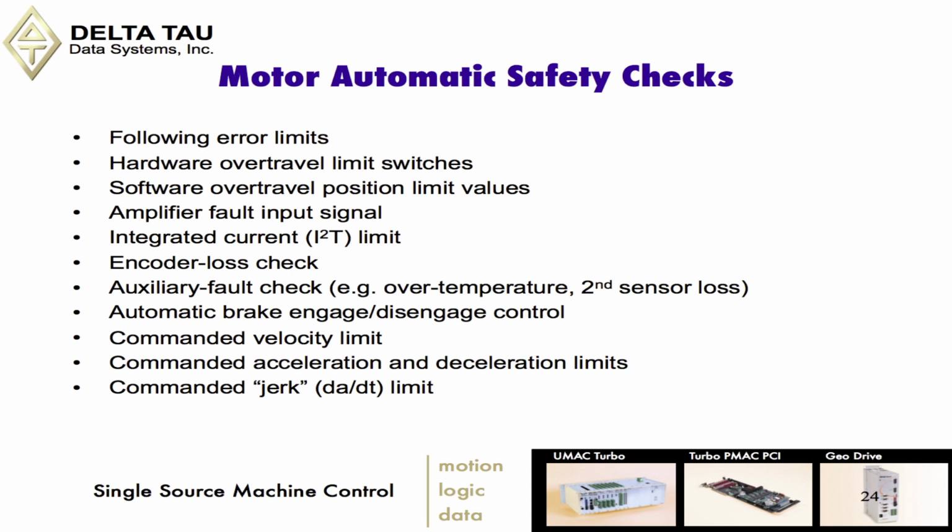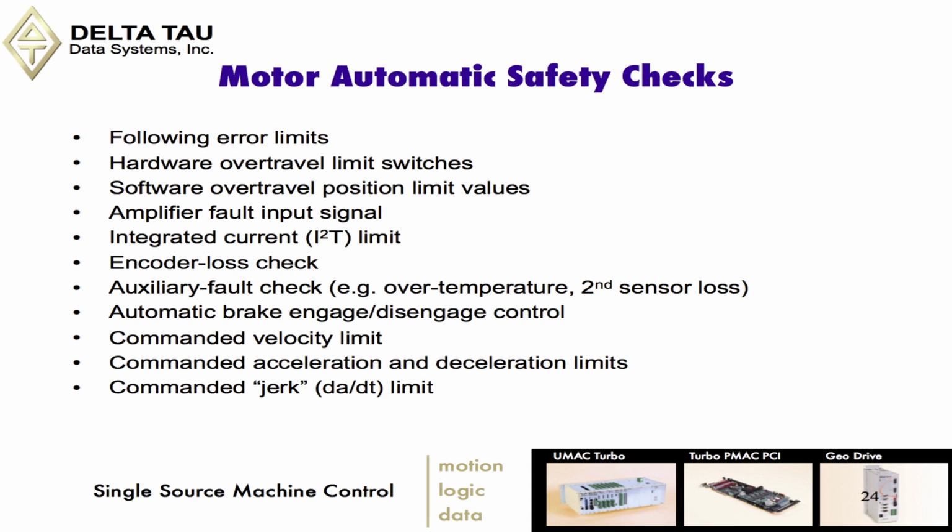Motor automatic safety check. Every Power PMAC motor has following error limits, hardware over travel limits, software over travel position limits. There's an amplifier fault input signal, I2T integrated current limit, encoder loss check, auxiliary fault check. So you can bring in an auxiliary sensor.